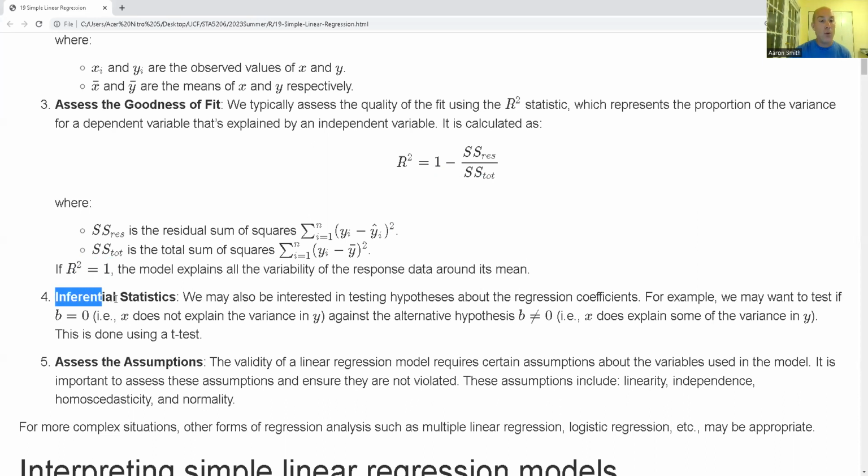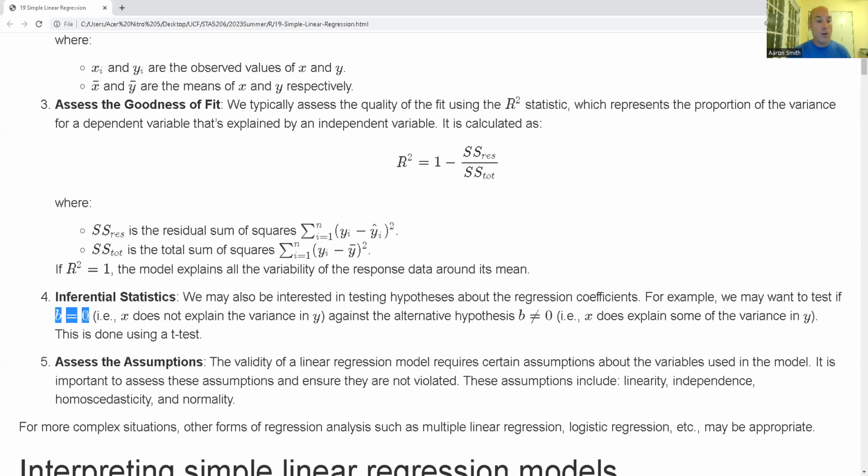Now, the next thing we're going to do is inferential statistics. So here, if it's applicable to my problem, to why I'm doing these calculations in the first place, I might start doing some hypothesis testing. And specifically, the number one hypothesis to check in simple linear regression is to check to see if the regression coefficient is equal to 0.